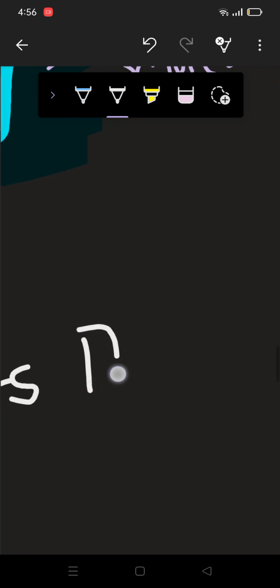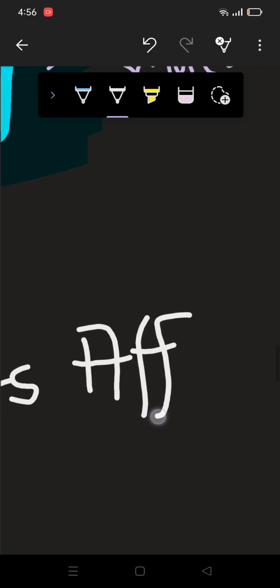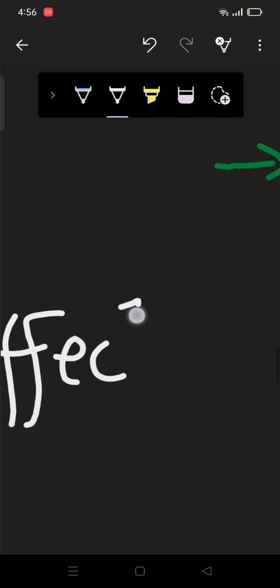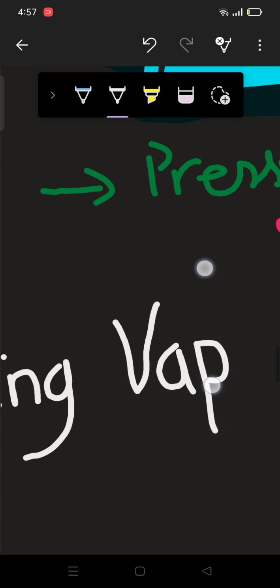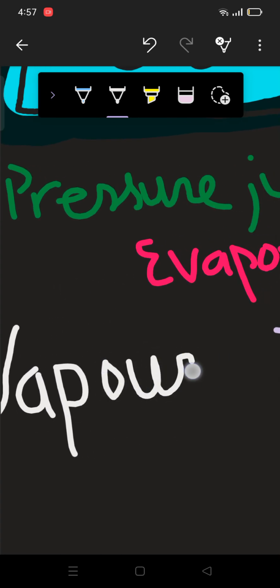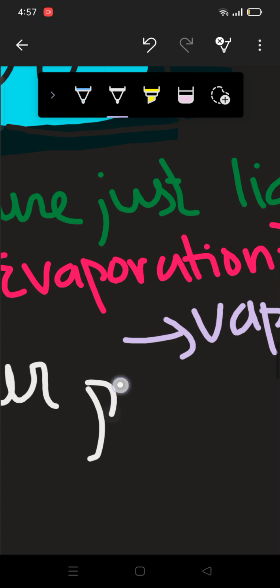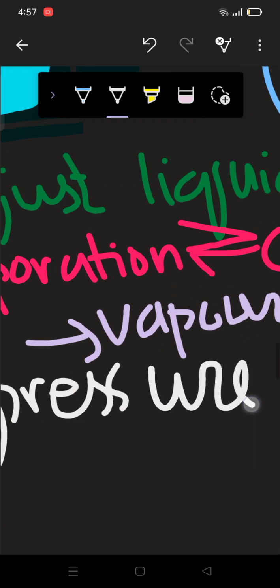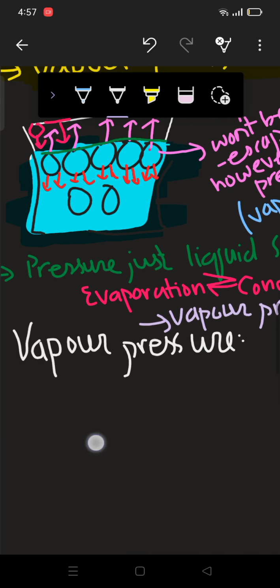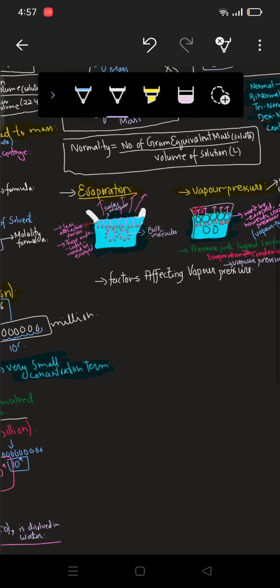Factors affecting vapor pressure. We're going to discuss two main factors, all right, and that will lead us to Raoult's law.